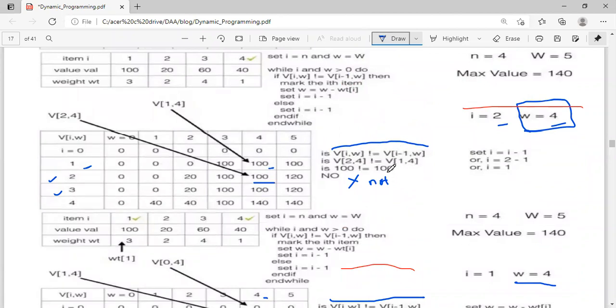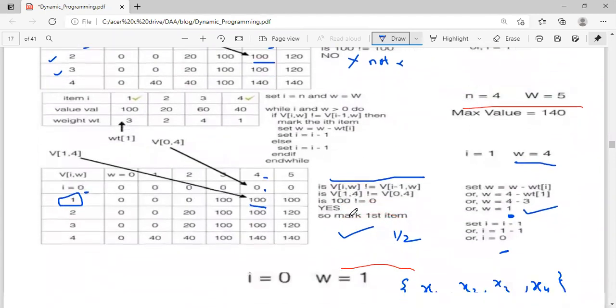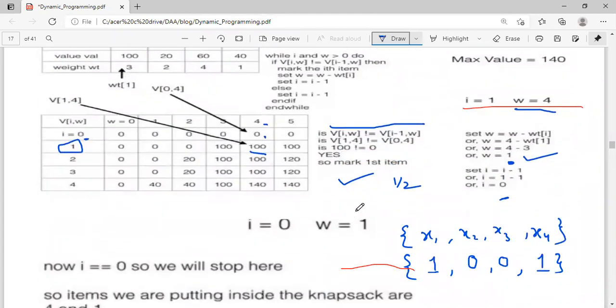Both are equal, but we want them to be not equal, so this item is also not included. And the last one, 1 comma 4 does not equal 0 comma 4. 1 comma 4 is 100 and 0 comma 4 is 0. Both are not equal. That means this item is going to be added in the bag.